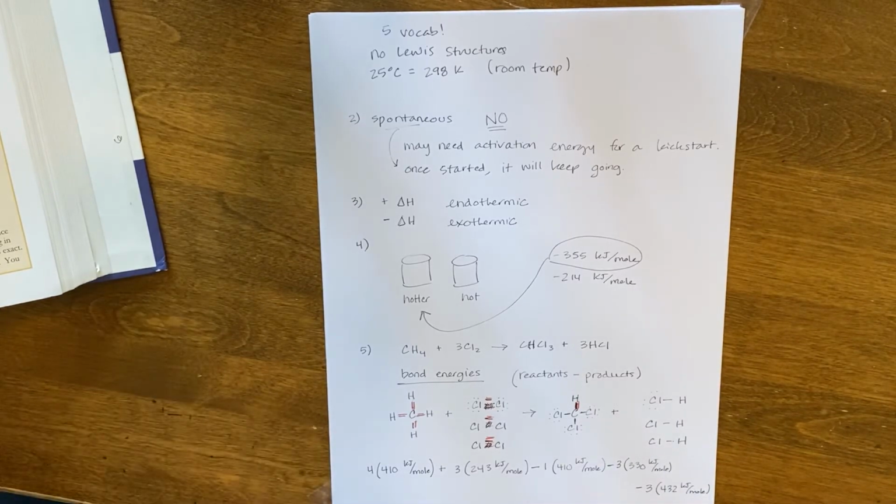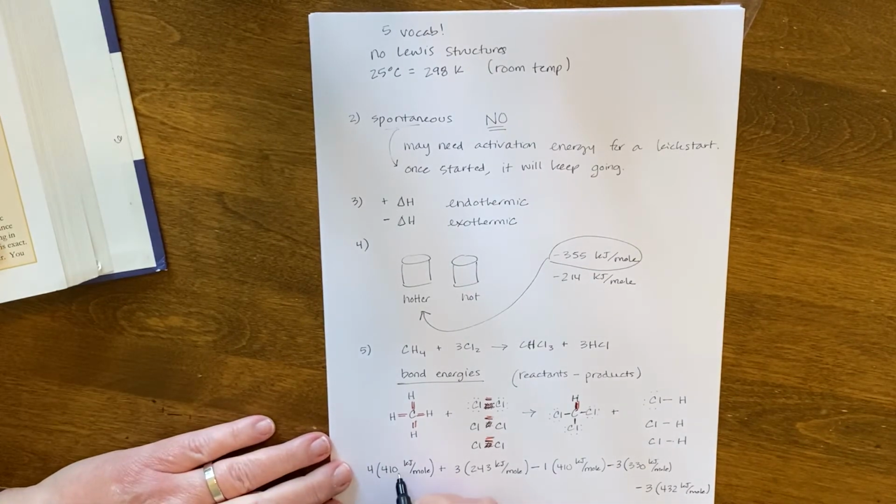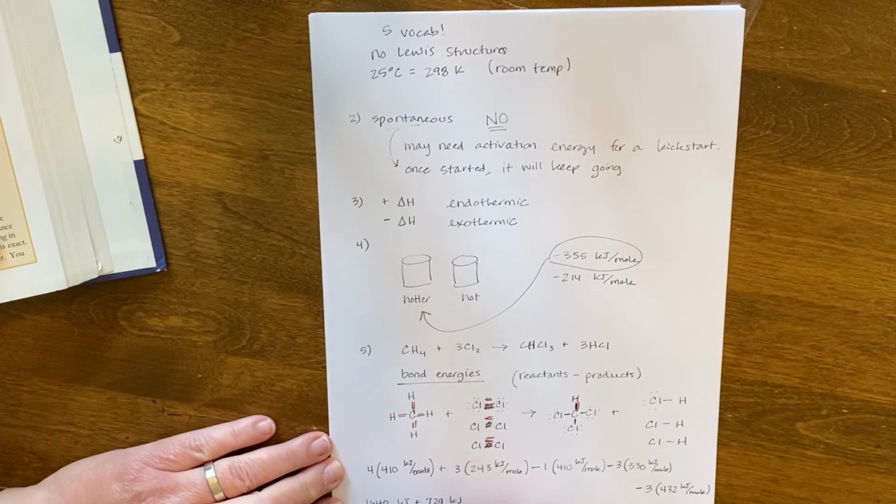Okay. So doing this all out, I end up with 4 times 410 is 1640. Okay, let's talk about these units for a minute. When we're multiplying by the 4, the 3, the 1, the 3, the 3, that's canceling out the mole. So this ends up being 1640 kilojoule plus 3 times 243 is 729 kilojoule.